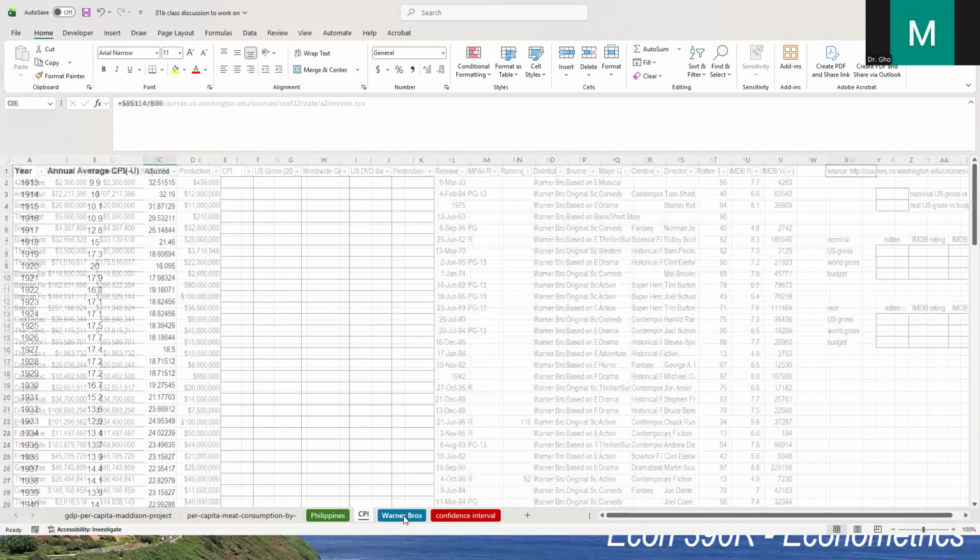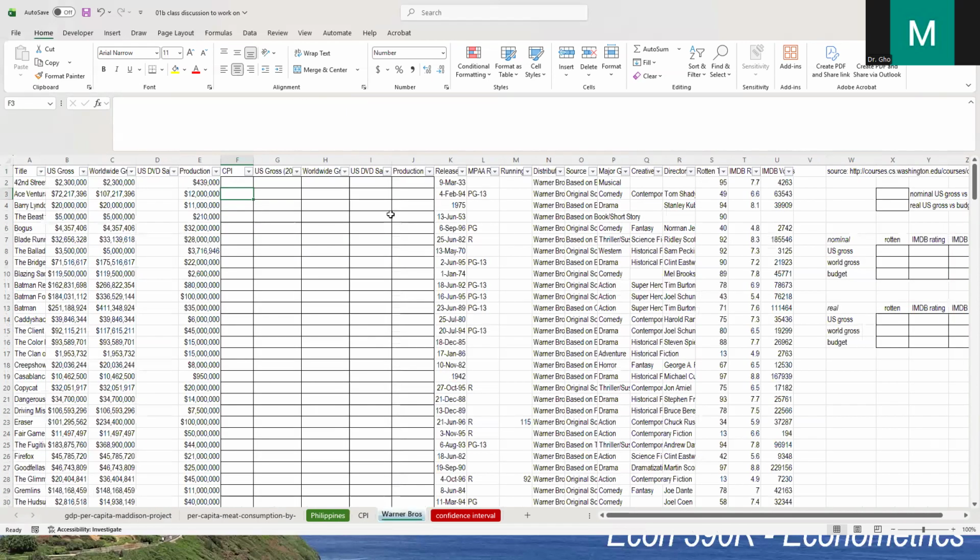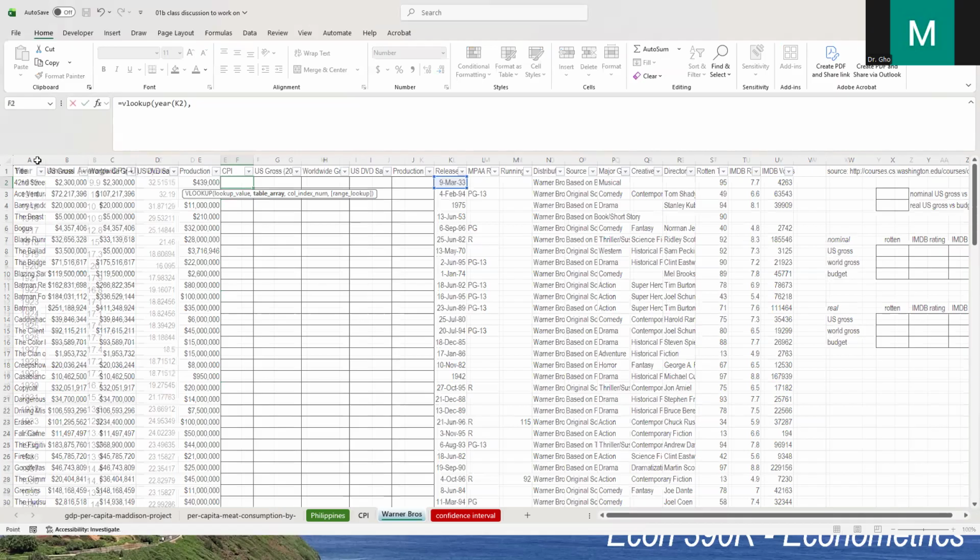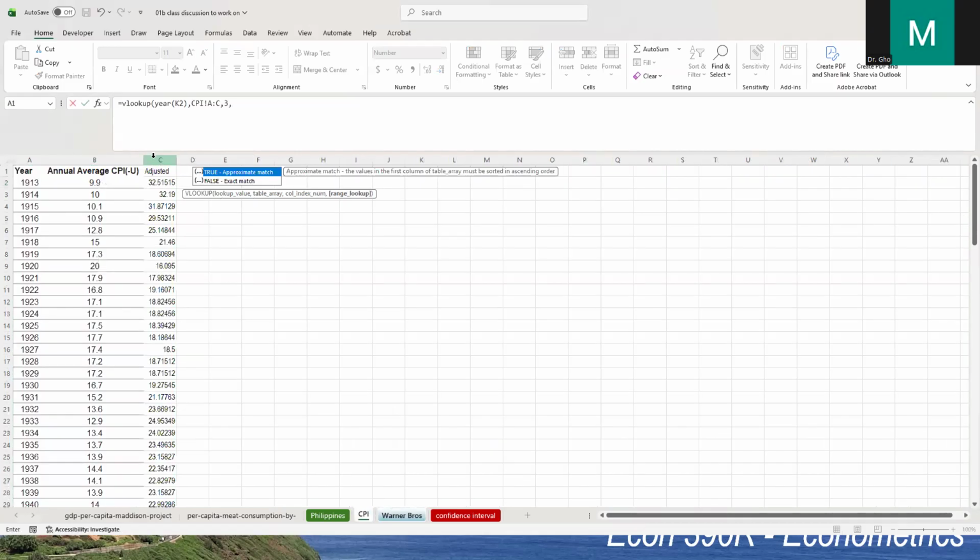I'm going to come back to where it says Warner Brothers, and we have these movies released at different dates in column K, so I'm going to put in this adjustment value. VLOOKUP: the year, the release date, and we're looking at the CPI, third column.